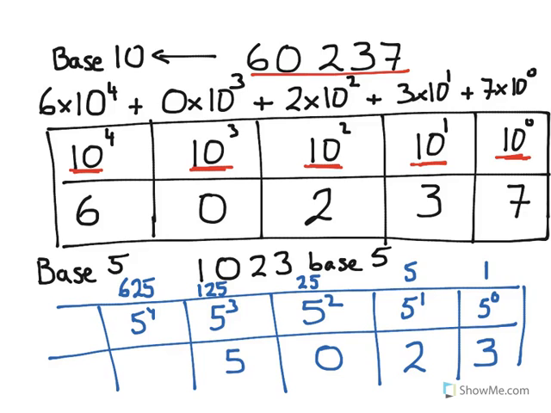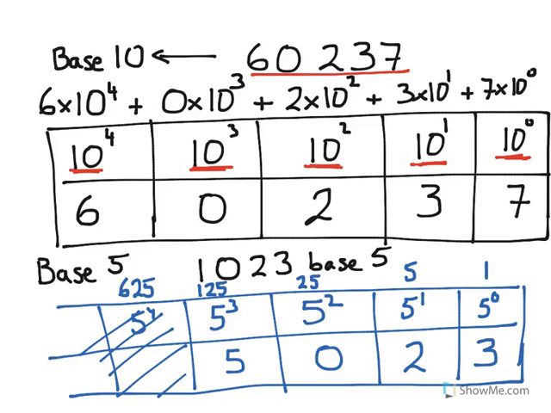So this helps us keep it nice and tidy. We actually don't need 5 to the 4 or any higher values. So our number, 1023 in base 5, can be written in terms of, let's see if we can create some space over here, the left-hand side.